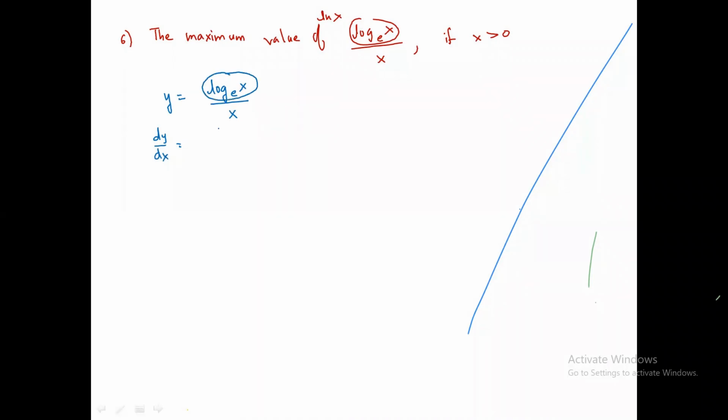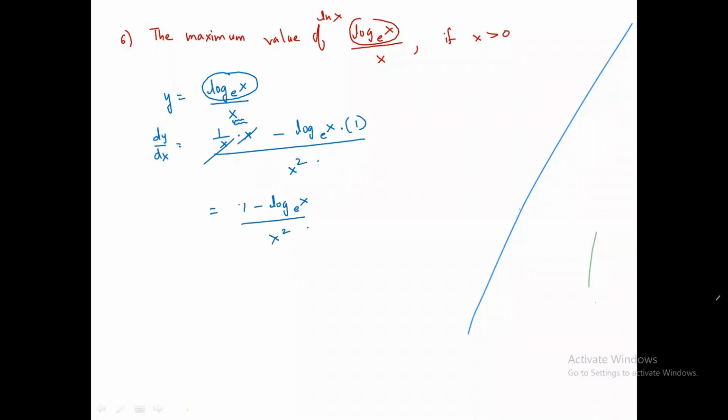Log x base e derivative is 1 by x, denominator x, minus log x base e same, and derivative of denominator x is 1, by denominator x square. So x and x cancels. I have 1 minus log x base e by x square.